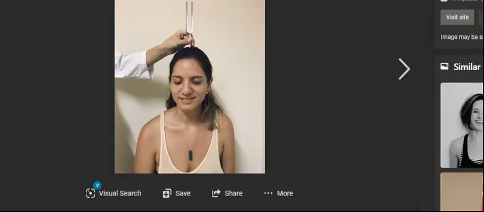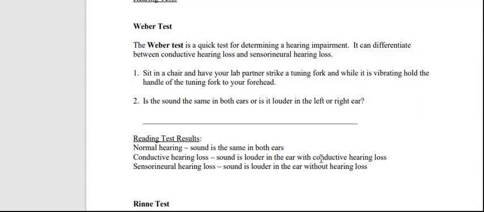There are two hearing tests that you need to know about, and one of them is the Weber test. So you strike a tuning fork and you place it on the top of the head, and you see which ear you can hear better. So it's actually being conducted through the bone, and if you look at the book or the lab manual, it tells you for a Weber test, if you have normal hearing, the sound is the same in both ears.